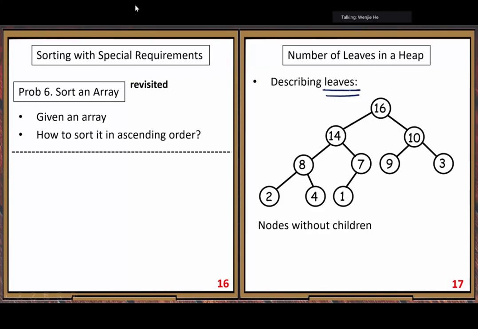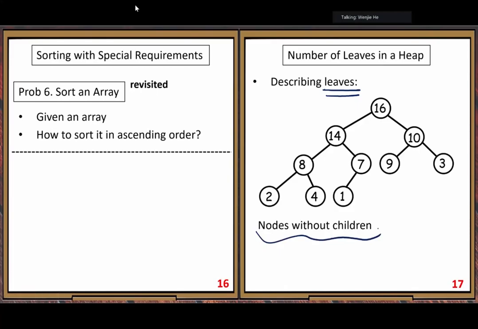I think you have some basic knowledge about trees, right? In your discrete math, you study some basic background knowledge about trees. Leaves means those nodes without children, without any child.